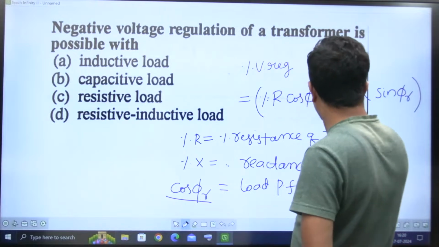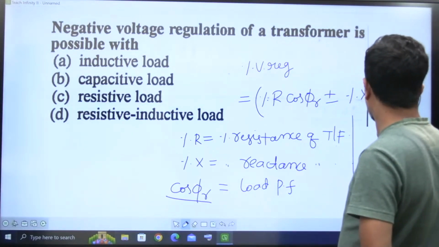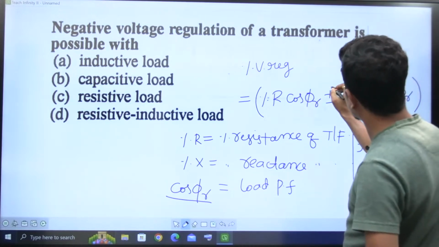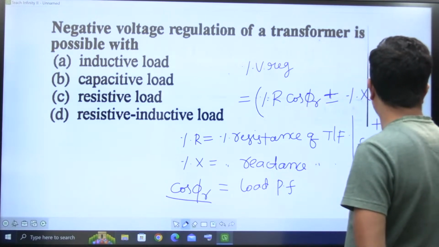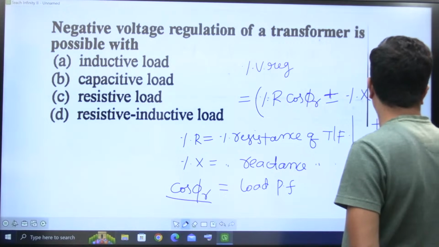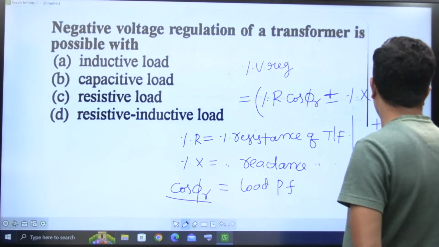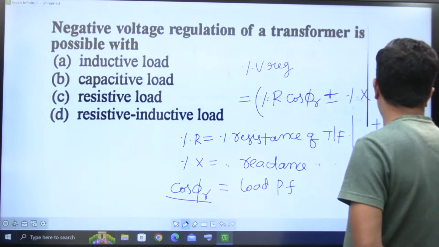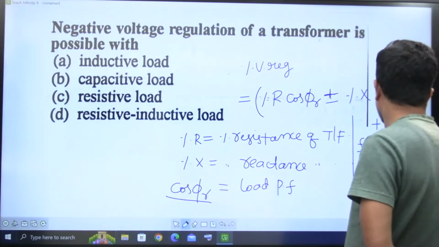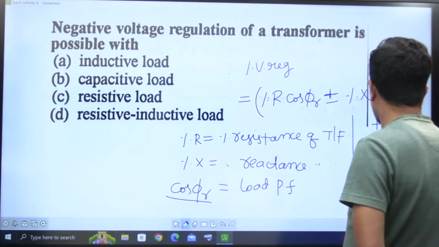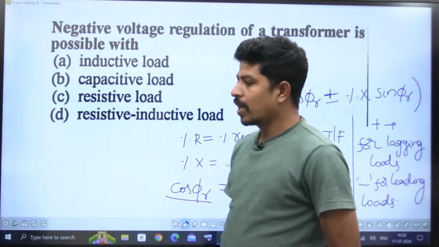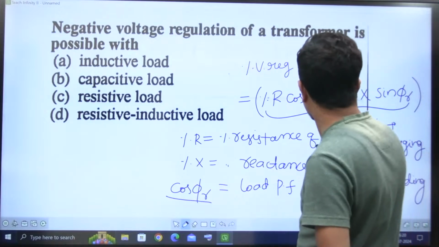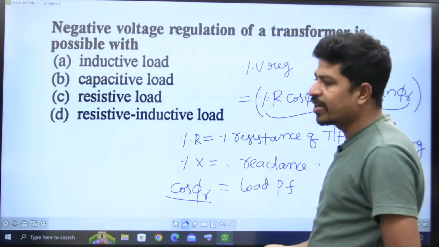Now here one thing is very important. I have given two symbols. You have to use the plus symbol for lagging loads, and minus for leading loads. When is it having a chance of becoming negative?